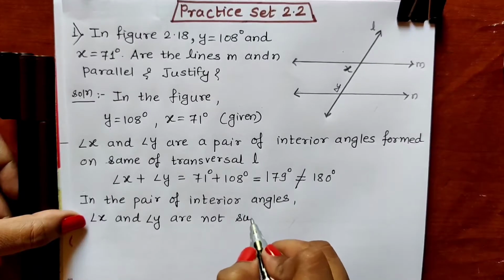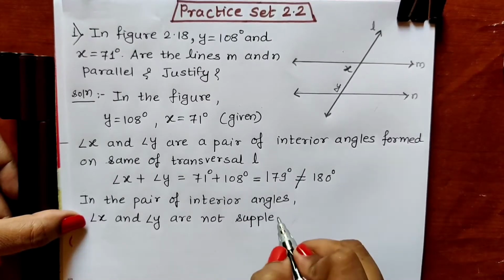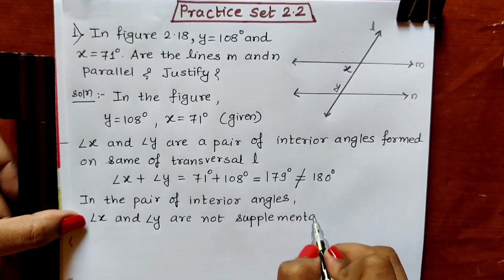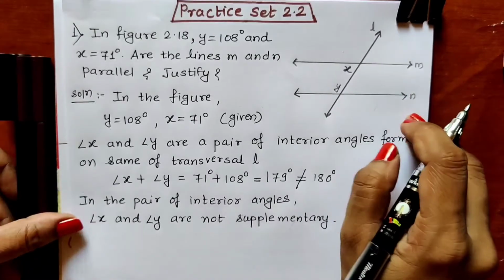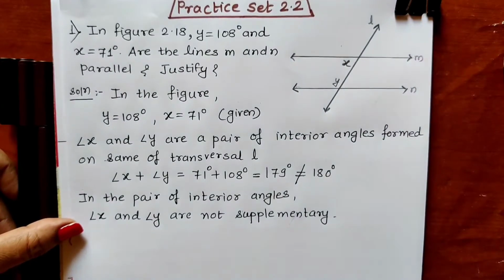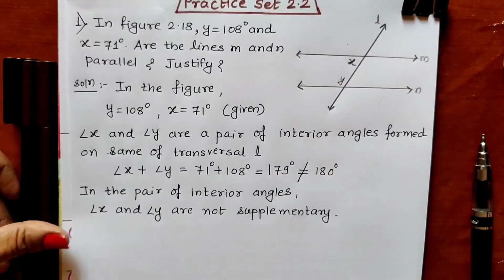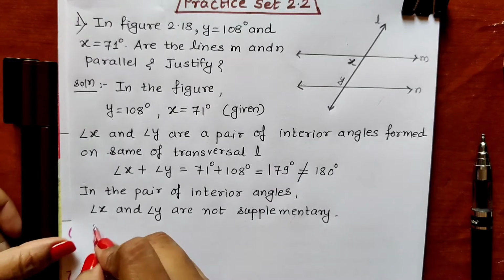And when the interior angles are not supplementary, that means these two lines cannot be parallel to each other, and therefore we will write the answer.